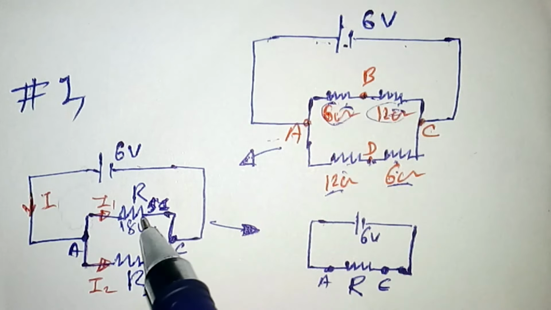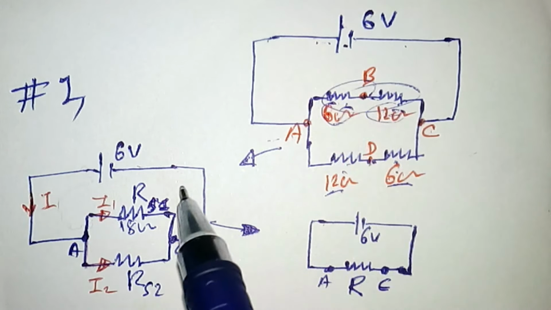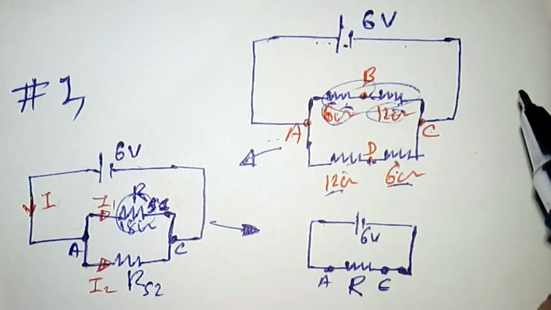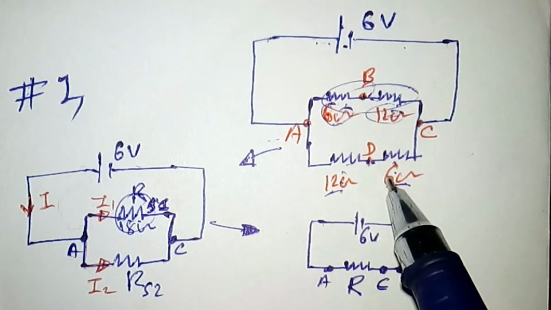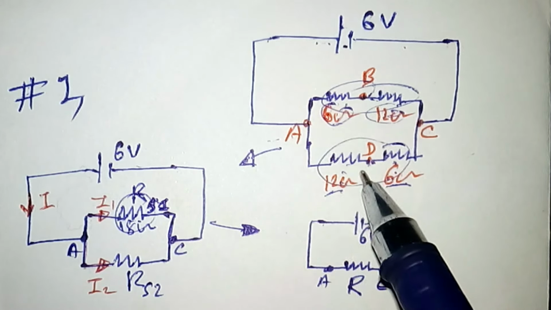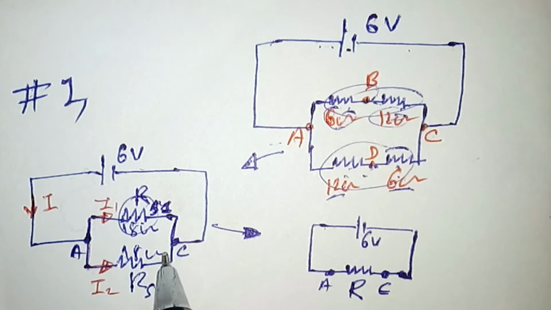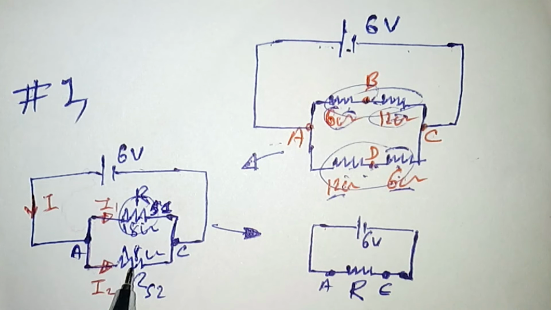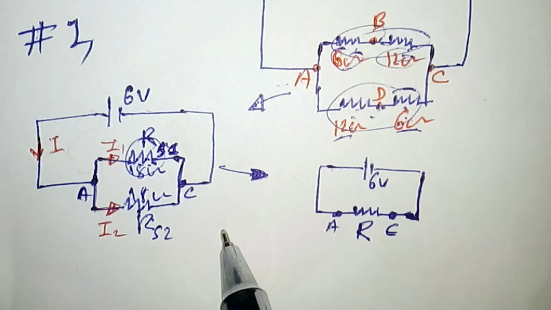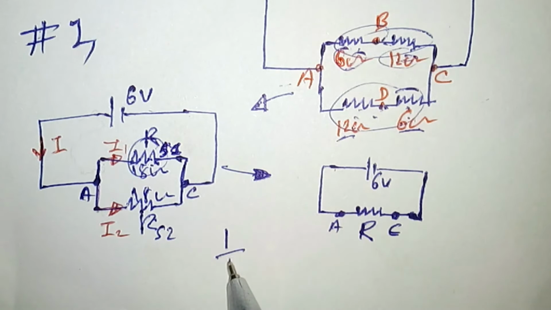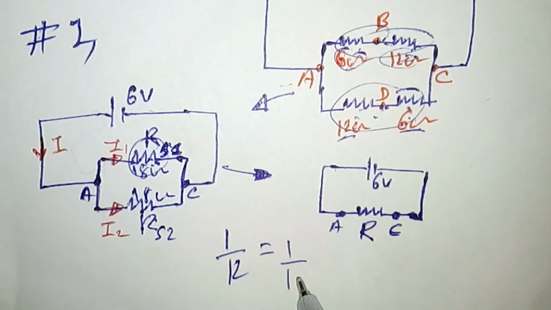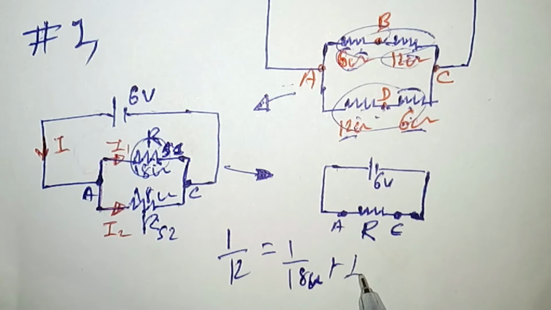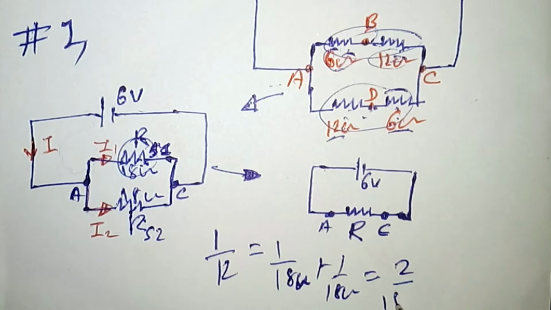The circuit becomes this one, because these two combined give me one resistor. Then 12 plus 6 is also added in series and becomes an 18 ohm resistor. These two resistors are in parallel with each other, and when we add parallel resistors, 1 over R is equal to 1 over 18 ohm plus 1 over 18 ohm, which is 2 over 18 ohm.